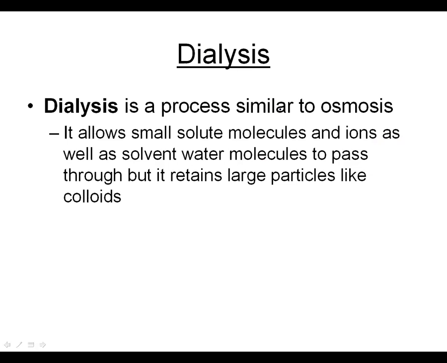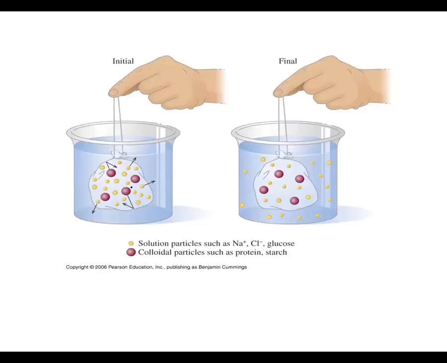And lastly, dialysis is a process that is similar to osmosis. It allows for small solute molecules and ions, as well as solvent water molecules to pass through, but it retains large particles like colloids. So here's a dialysis bag. Kind of works the same way. There's holes, again, allowing certain size molecules to pass through. Other ones get restricted.